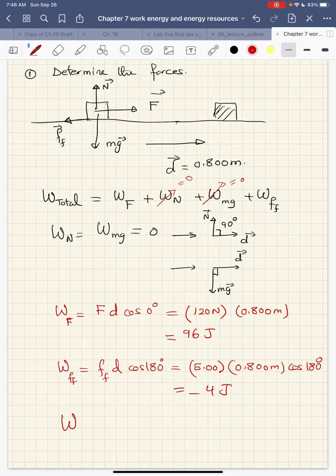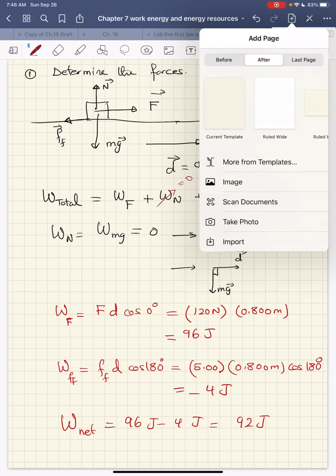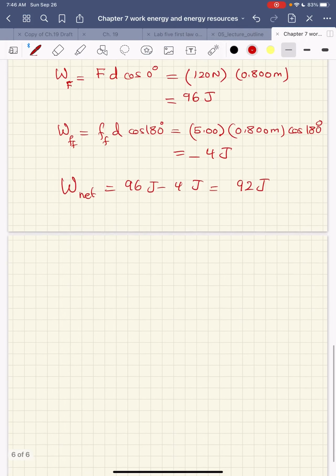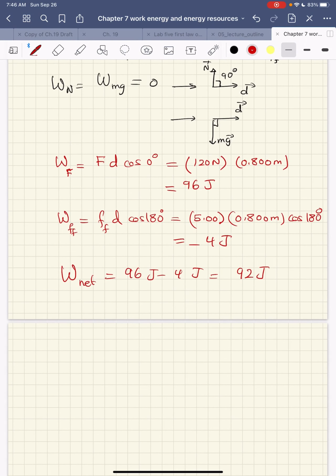Now the work net is going to be adding both: 96 joules minus 4 joules, which is 92 joules. There is another approach, which is finding the net or resultant force and then calculating the work, but I will prefer this method.